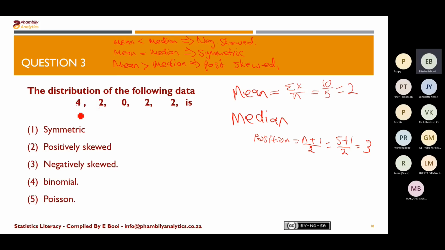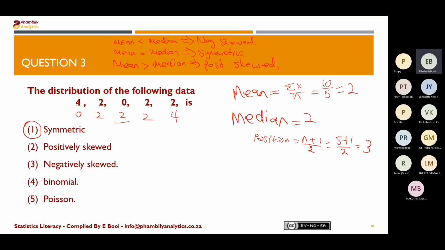But we need to order this data set: 0, 2, 2, 2, and 4. The median is the middle value. 1, 2, 3 is 2. So what is the answer to the question? Symmetric. The answer will be option 1.